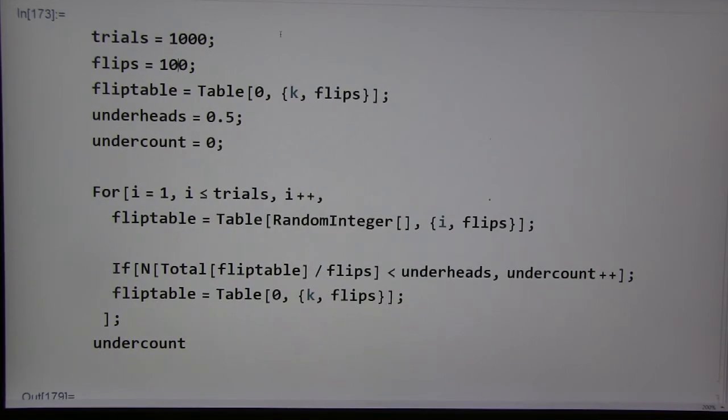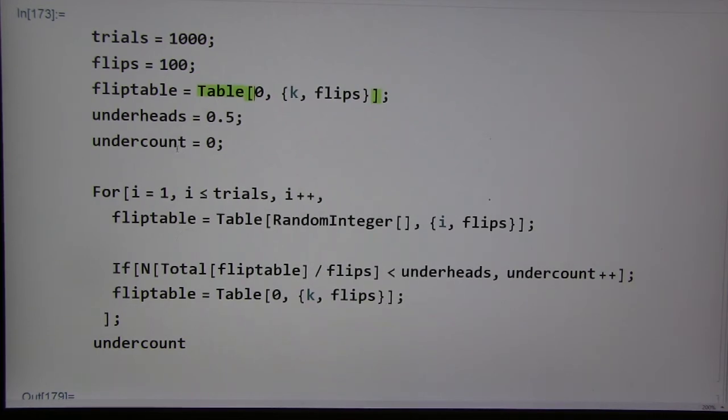So trials is 1,000, which is how many runs of flipping 100 coins we're going to do. Flips is 100, so that's how many flips we do per trial. This flip table just records every trial as a table of zeros and ones.